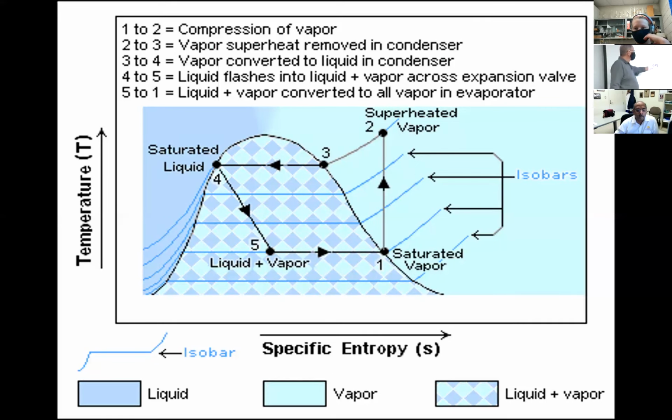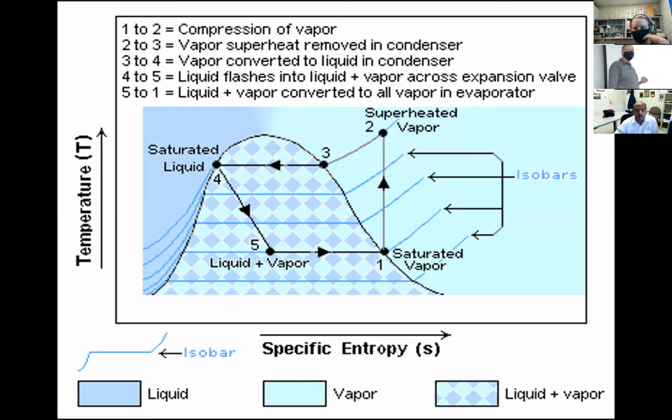We go through the compressor and we go from a saturated vapor to a superheated vapor as we push it together. Then sweeping across the top up here, we go through the condenser and we're able to remove that heat.